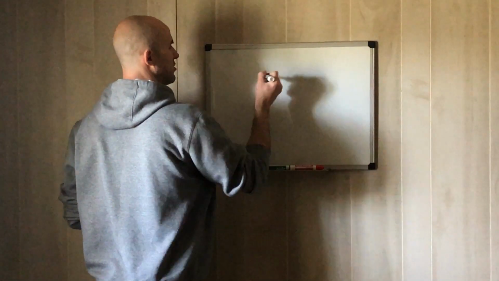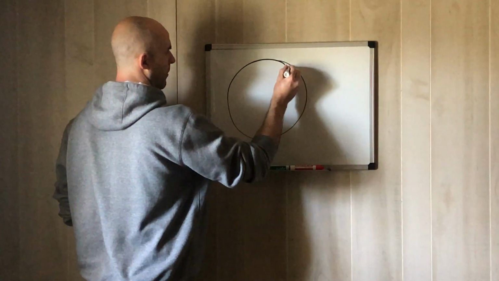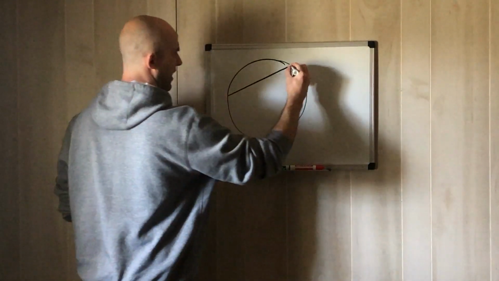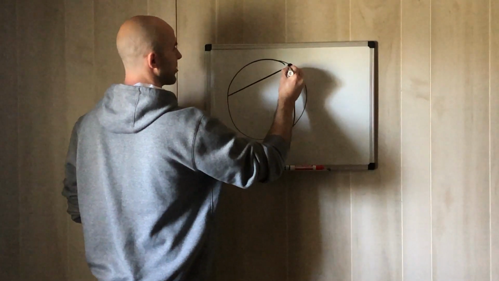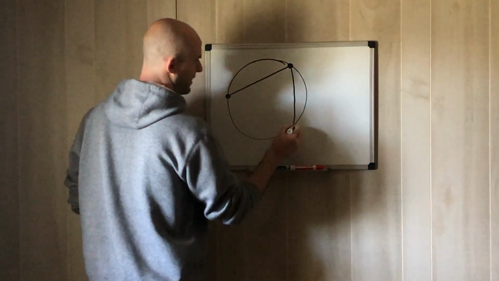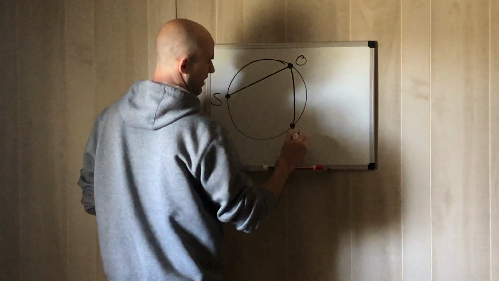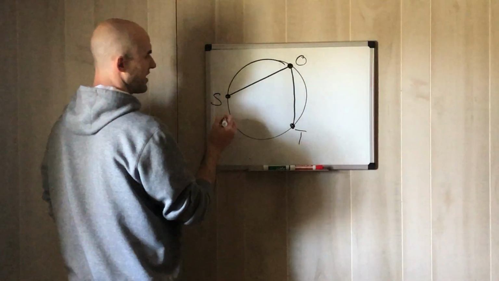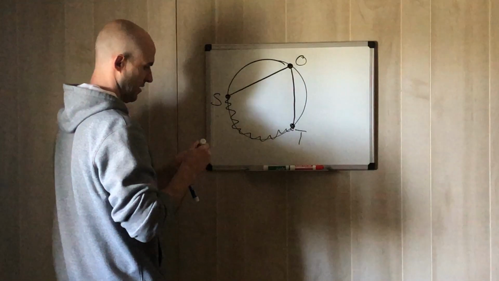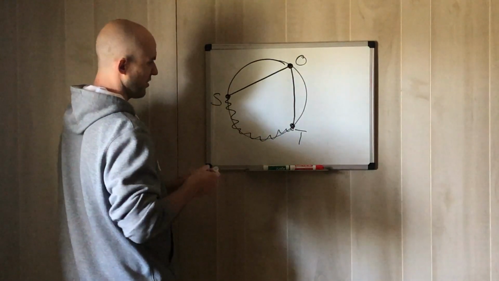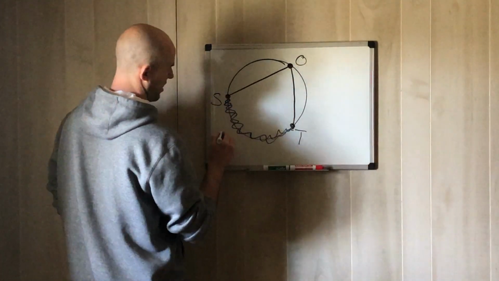Let's say again, I gave you a circle, and I'm giving you an inscribed angle. And again, it's inscribed because the vertex is on the circle. And now let's say I give you the opposite. Let's say that that's S, that's O, that's T. And let's say that I told you that arc ST is 100 degrees.